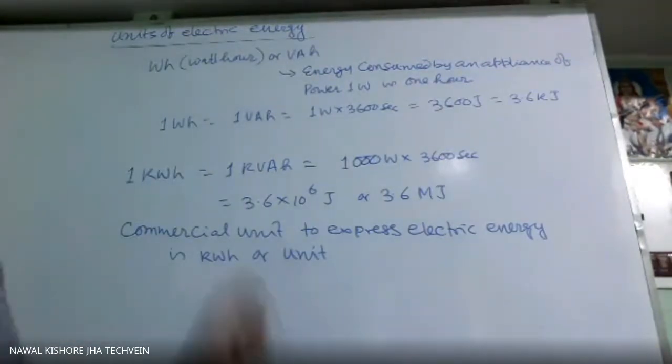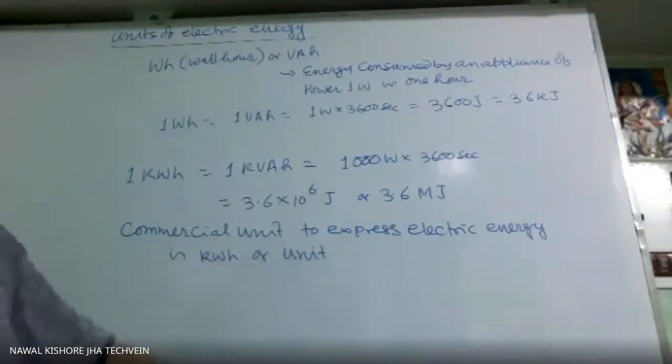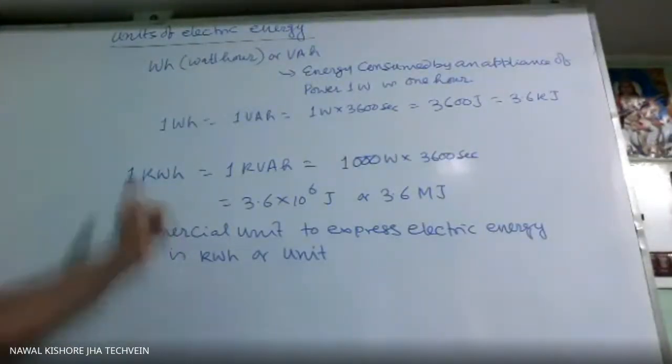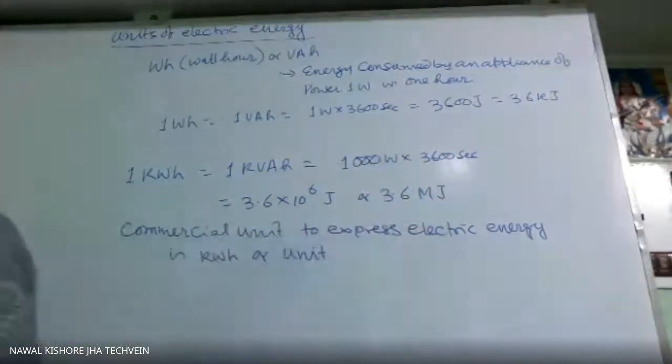Okay, last month your meter reading was 11,500 something. This month your meter reading is 11,900 something. So they subtract, that is, this many units is the energy consumed by your house in this particular month. So 1 unit means 1 kilowatt hour, that is 3.6 megajoule.